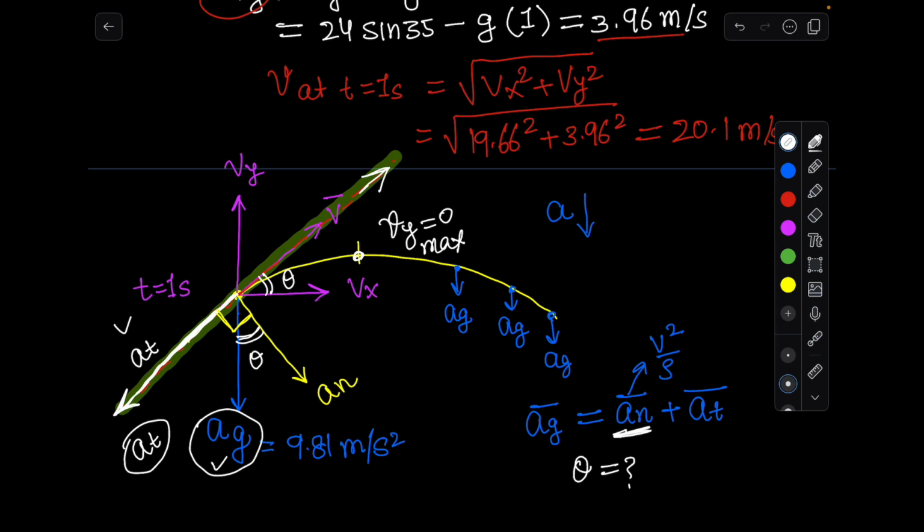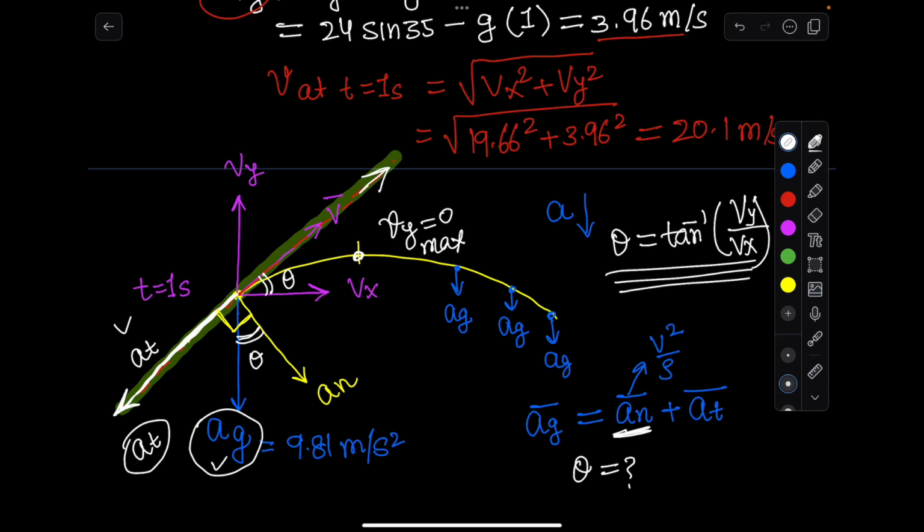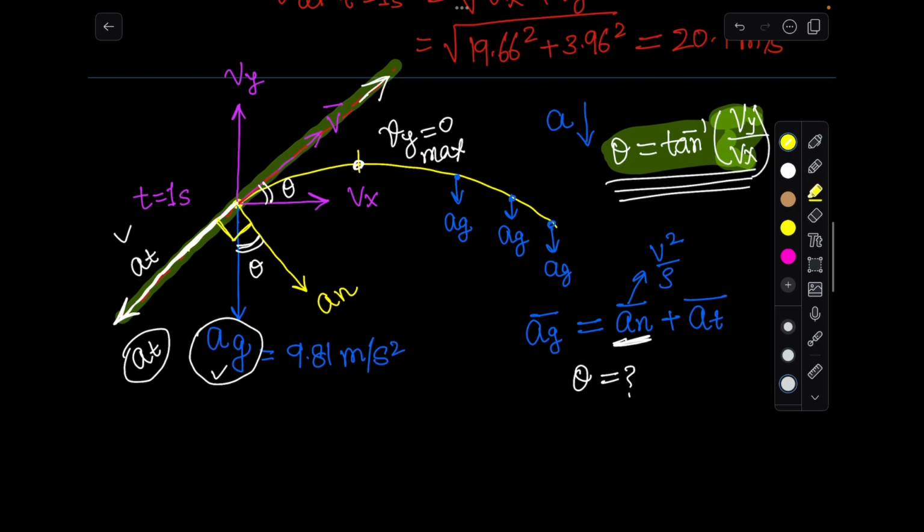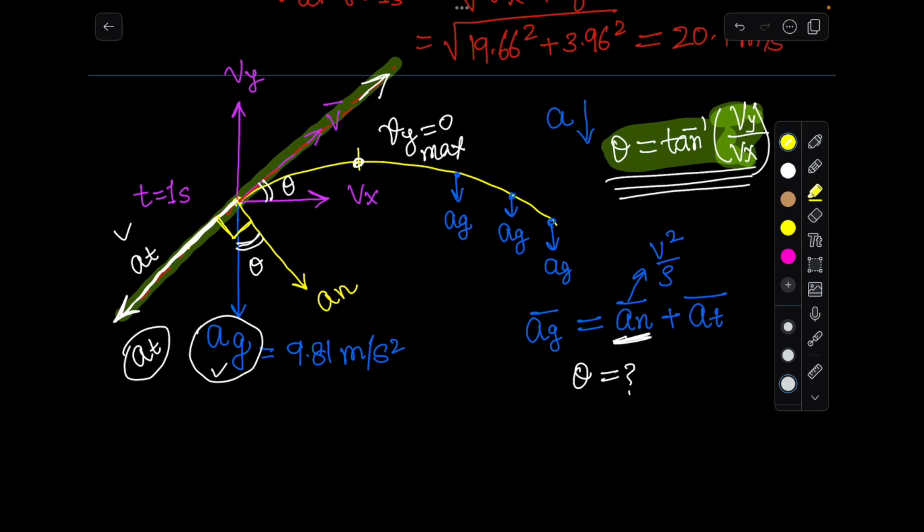So it's very good for us that we can easily find this angle theta, tan inverse of Vy and Vx, because we have already been given this information. Vy and Vx we have already calculated. So from this we will calculate this theta.